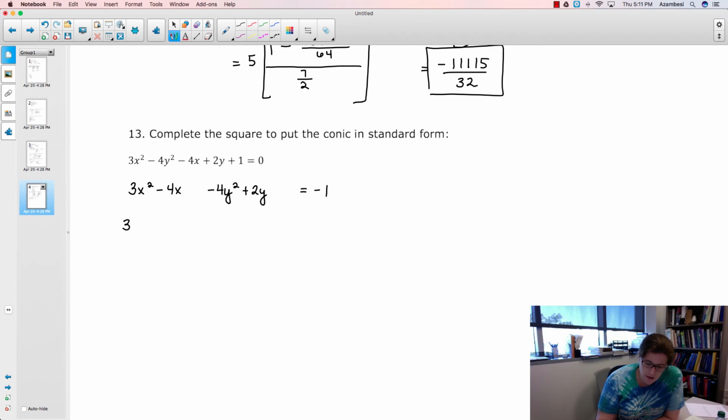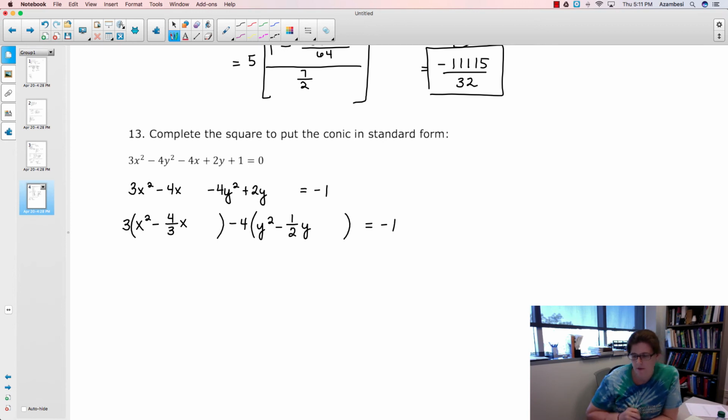So 3 times x squared minus 4/3 x, and minus 4 times y squared. I'm pulling a negative 4 out to the front, so I need to change this into 2/4, 1/2 y, is equal to negative 1.